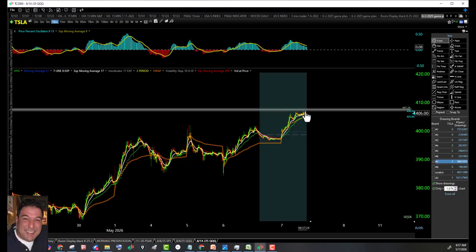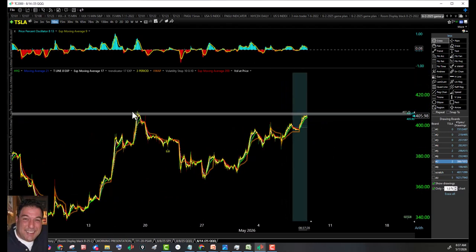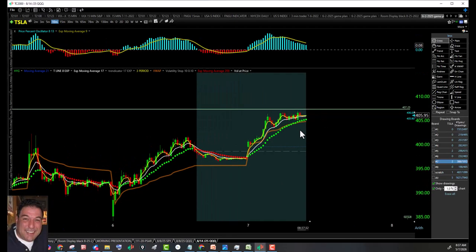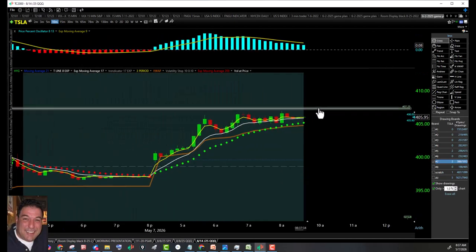I like the consolidation that hugs right up underneath that prior high. So that's looking good. Look for a breakout on Tesla up there. You can see Tesla in the pre-market is already up over 0.08 on the 10-minute chart. So nice work for Tesla. Tesla's looking good for a nice breakout right there.